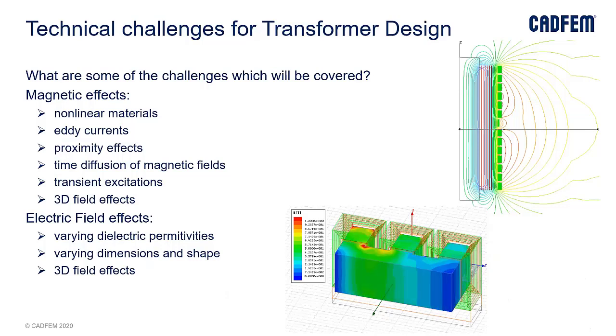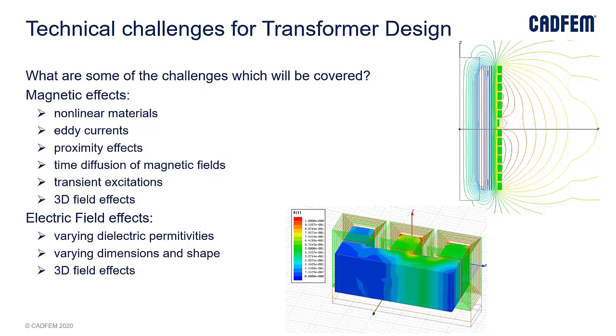From the magnetic side, you have non-linear materials to handle, and eddy currents because of the leakage flux. The proximity and skin effects need to be addressed, and transient simulations where you would like to see faulty scenarios.